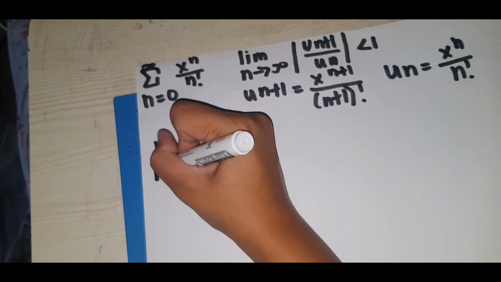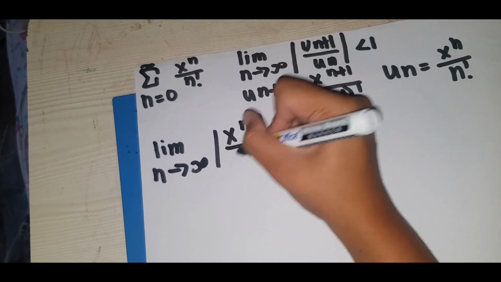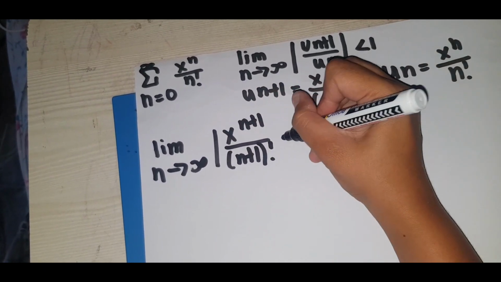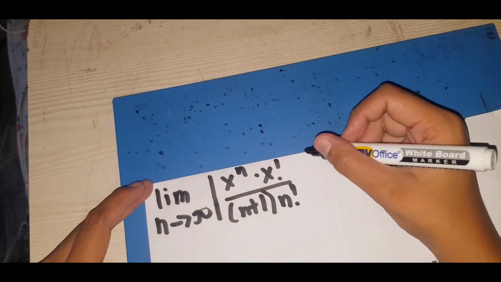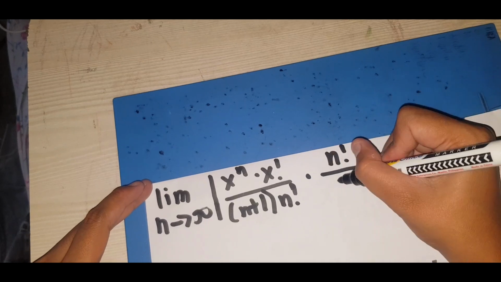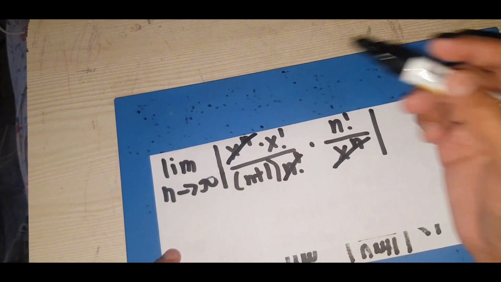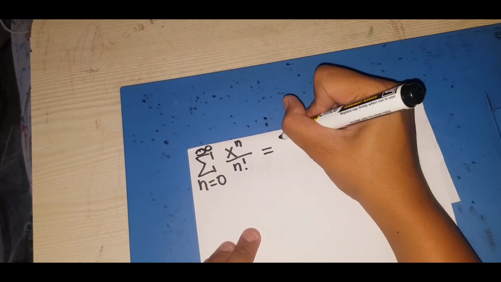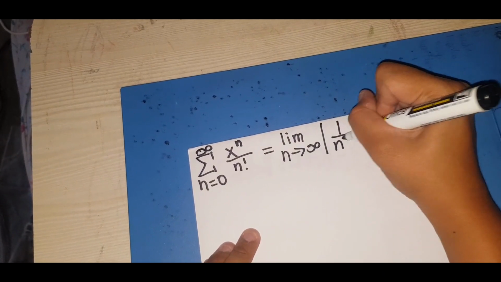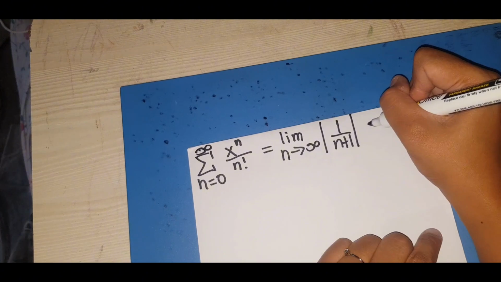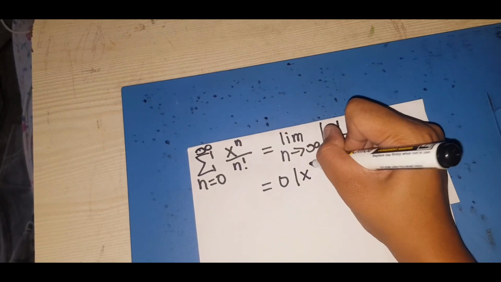So the limit as n goes to infinity of the absolute value of x raised to n plus 1 over n plus 1 factorial, divided by x raised to n over n factorial. Simplify by taking the reciprocal of the given and cancel all the same values. The answer becomes 1 over n plus 1 times x.